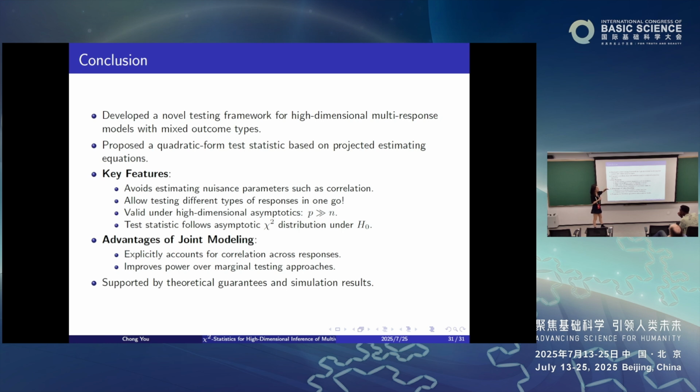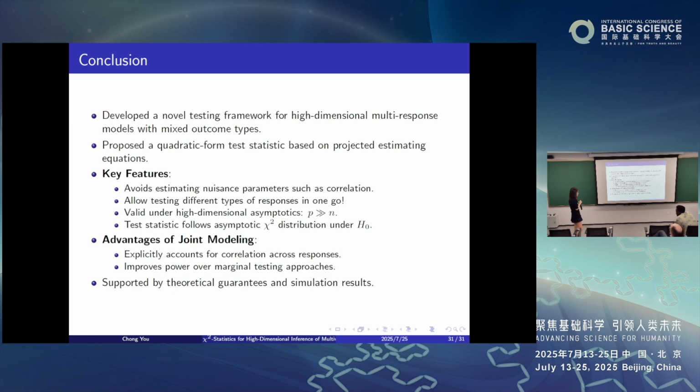We did the regression separately, but we still account for the correlation, because we use the residuals. The residuals will have their correlations accounted for in our quadratic form. And we allow testing different types of responses in one go, and it is valid under the high-dimensional case p greater than n, and the test statistic follows an asymptotic chi-square distribution under the null hypothesis.